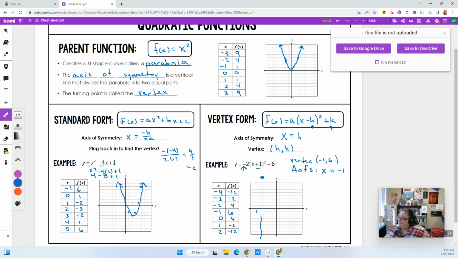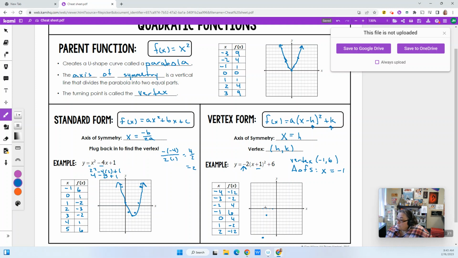It's going to take me down, not up. Negative 12, not a positive 12. So at negative 4, we're going to have a point down here at negative 12. At negative 3, we're going to have a point at negative 2.